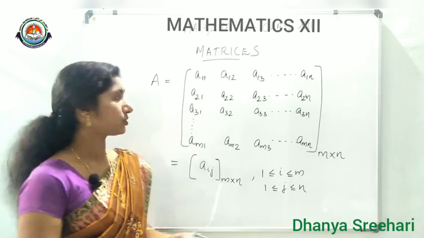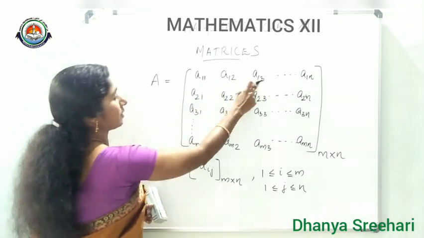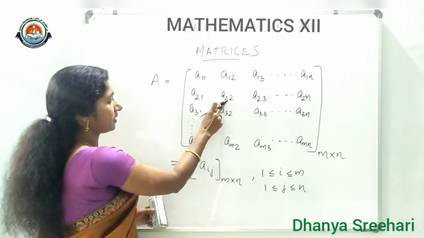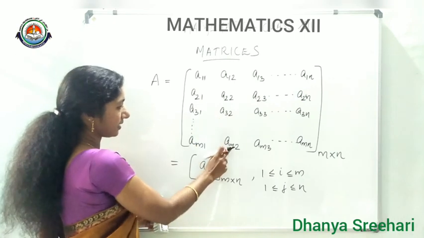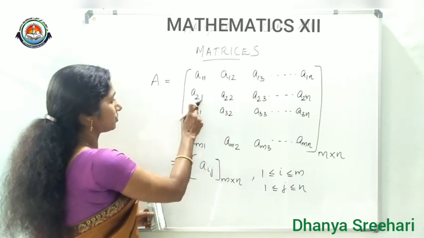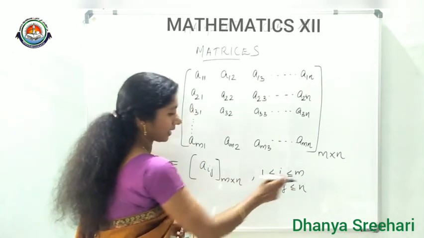J from 1 to n. See, I means the first one: 1, 1, 1, 2, 1, 3. Among that, the first one we are calling I. So here I is 1, here I is 2, here I is 3, here I is m. So I value from 1, 2, 3, etc. up to m.